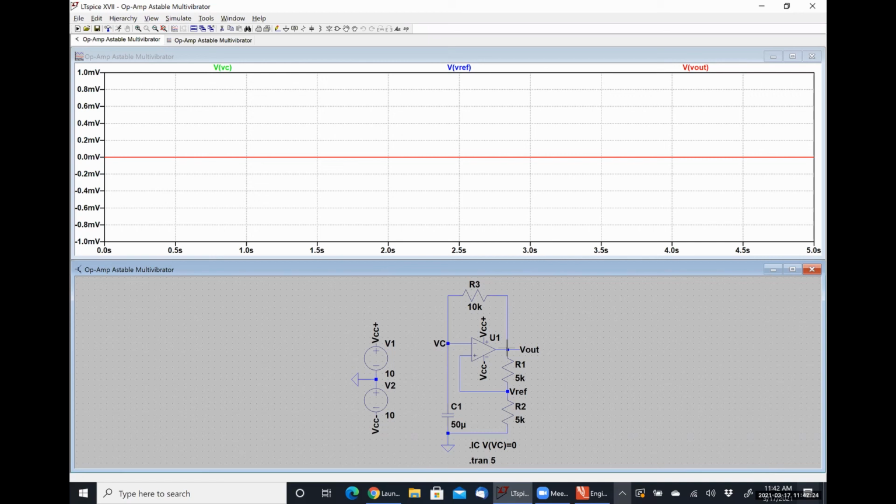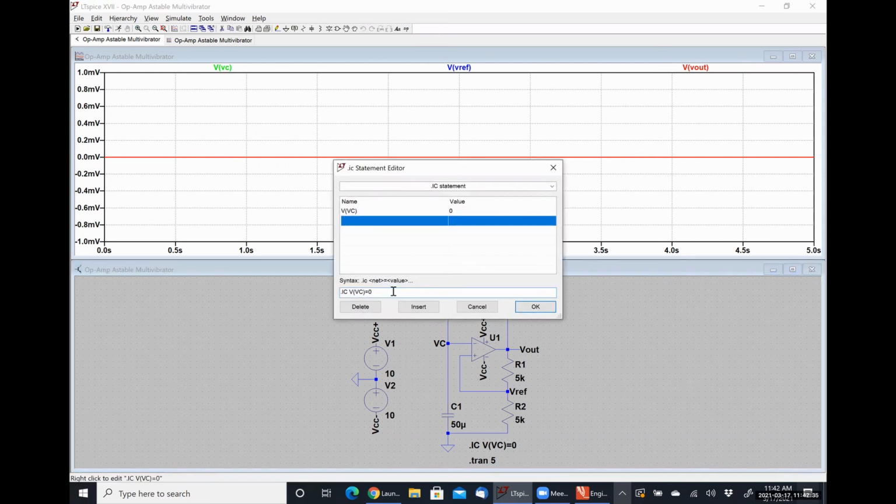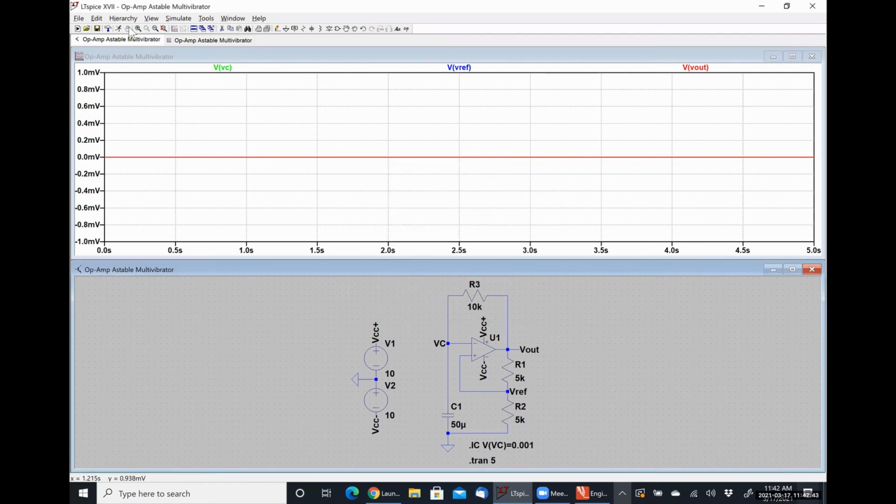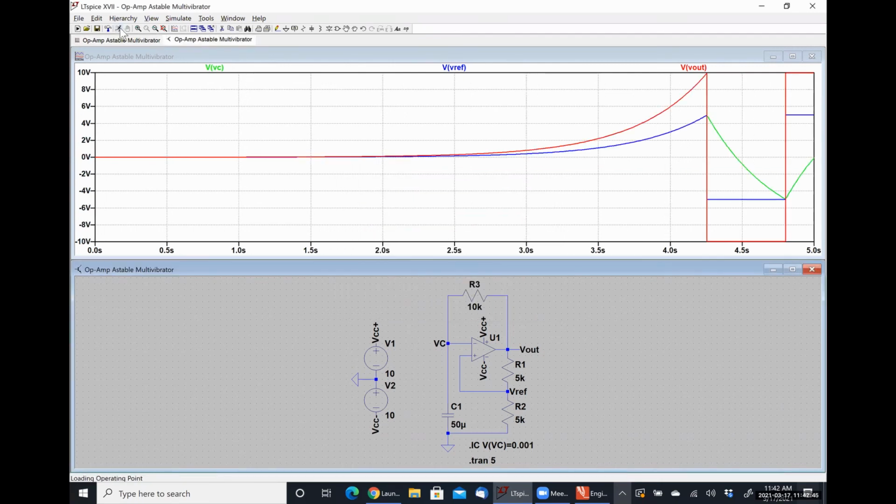There's no energy put into anything, it can never start actually vibrating or oscillating. So if I change my initial condition on my capacitor voltage from 0 volts to 1 millivolt, that is enough energy to make it start doing exactly what it's supposed to do in a couple of seconds.